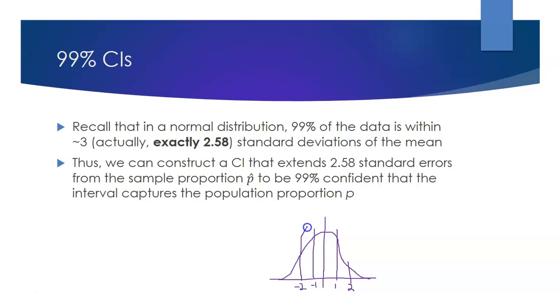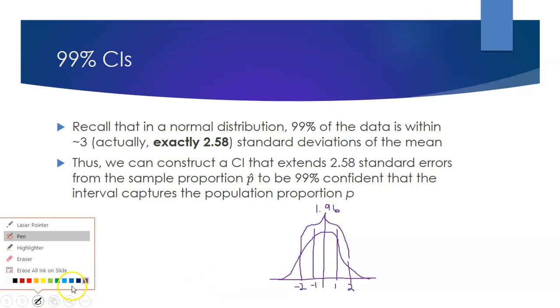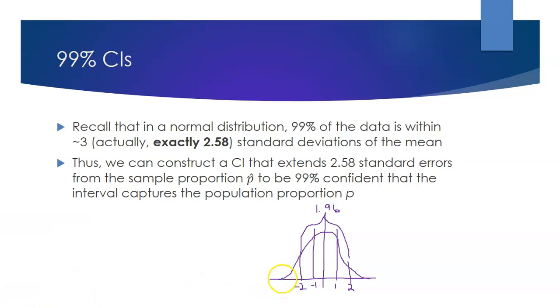What we've just learned is that instead of 2 standard deviations, it's exactly 1.96 standard deviations. And then 99% of our data falls about 3 standard deviations below and 3 standard deviations above the mean. But instead of this approximately 3 standard deviations, it's exactly 2.58 standard deviations.